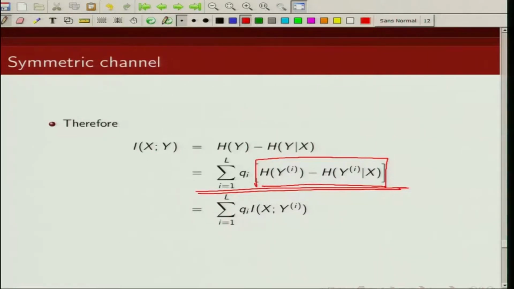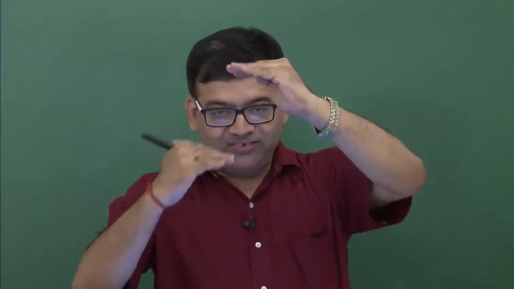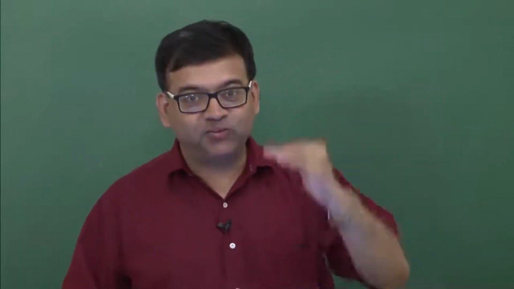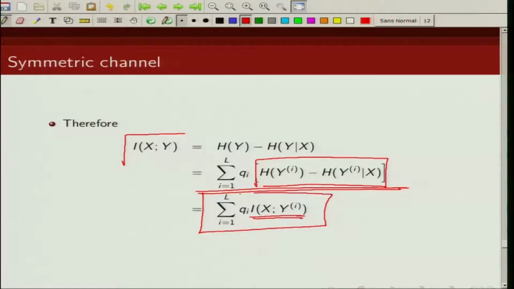This is the mutual information between x and yi. So then I have proved that when I decompose my channel into these L discrete memoryless channels, following the assumptions which I made earlier, I can write the mutual information between the input and output in terms of the mutual information of the individual discrete memoryless channels.